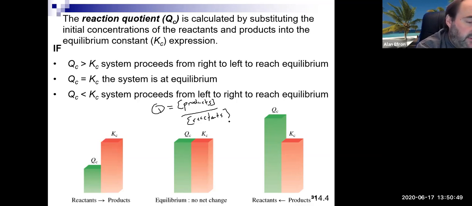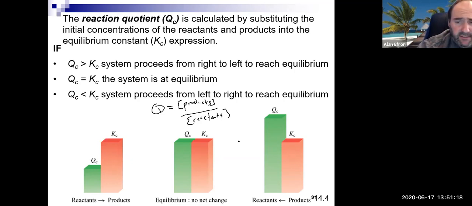Now, the difference between Q and K is that we use Q in two different situations. One situation is a straight-out Q question. That question is, are you at equilibrium? We can use Q to help us determine that, in a situation where we're given the initial concentrations of everybody.